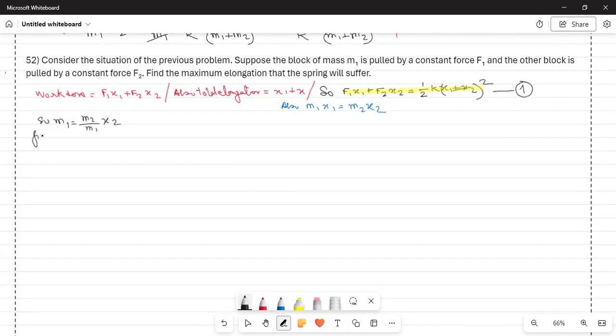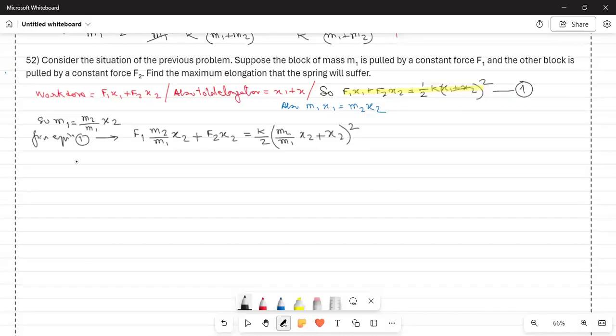From equation 1, what we get is F1 times m2 by m1 x2 plus F2 x2 is equal to k by 2 times x1 plus x2, that is, m2 by m1 x2 plus x2, whole square.